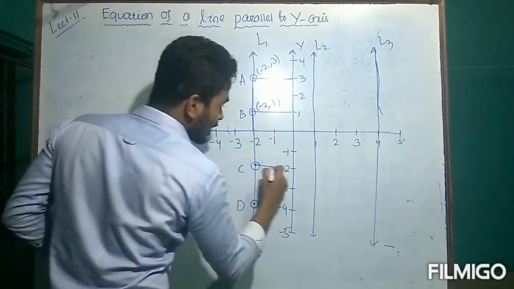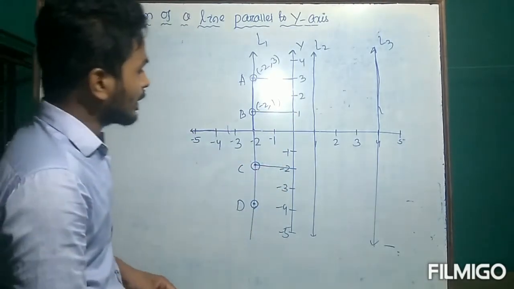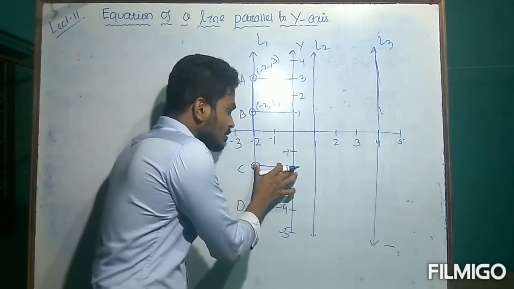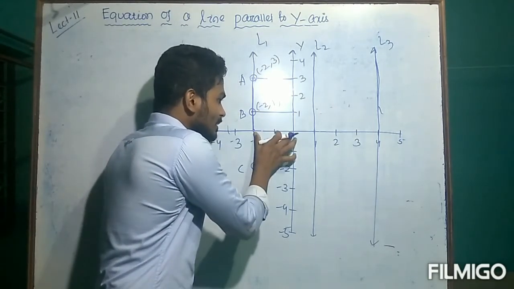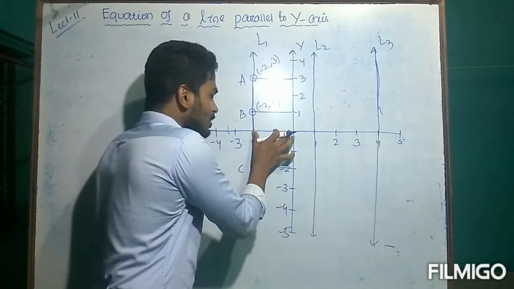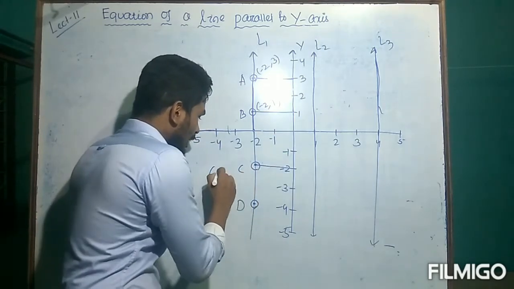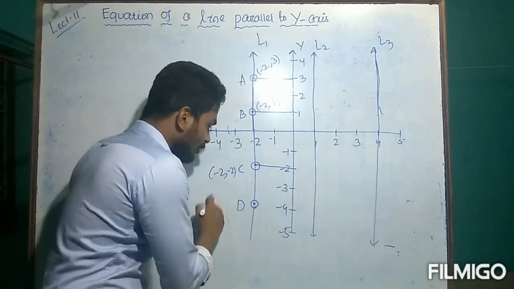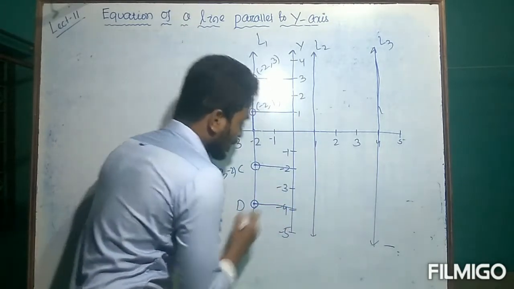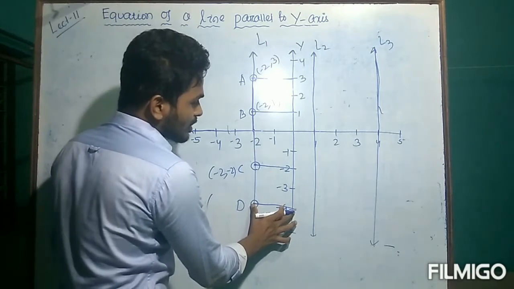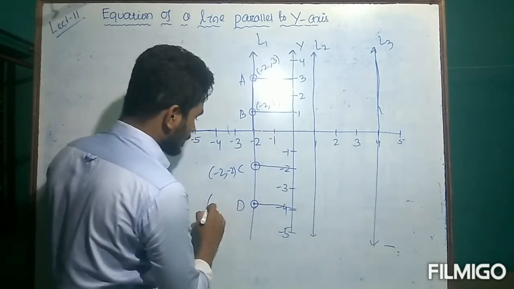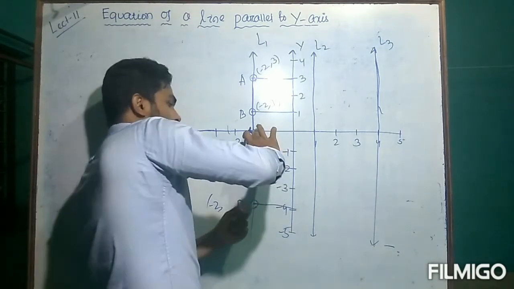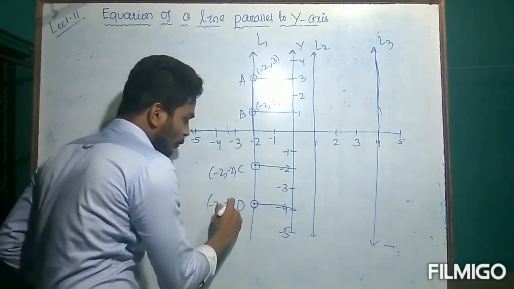For the point C, draw the perpendicular distance. The perpendicular distance to the y-axis is the x coordinate, which is -2, and the y coordinate is also -2. For the point D, the perpendicular distance to the y-axis is the x coordinate, so this is -2, and the y coordinate is -4.